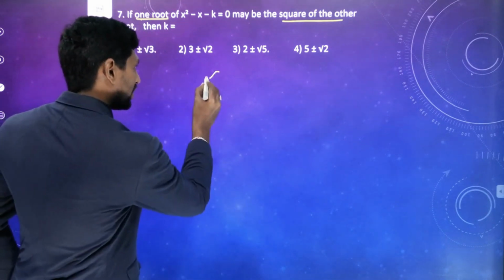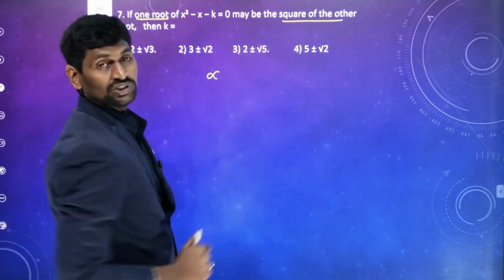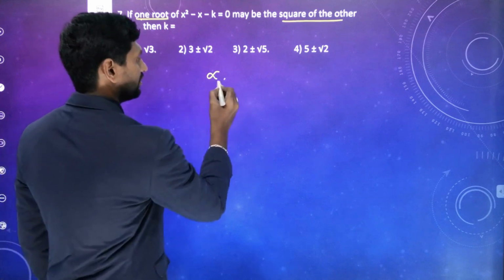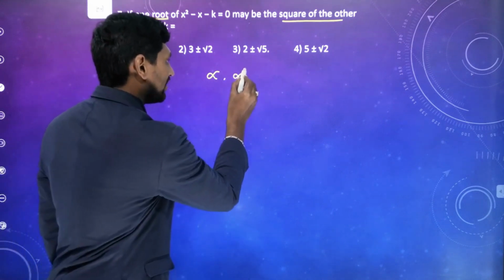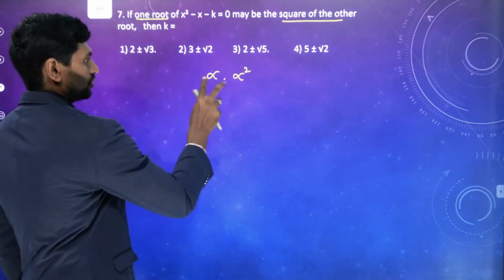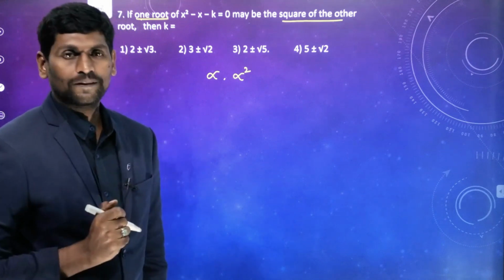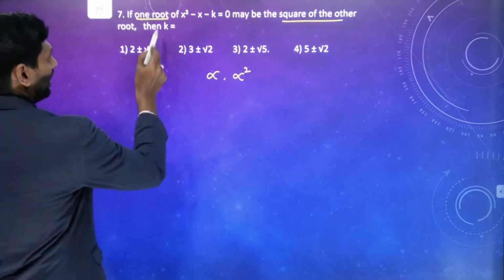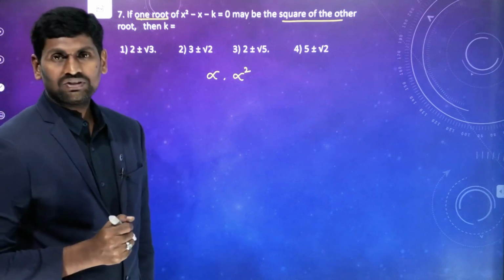So if we take one of the roots as alpha, what is the other root according to the given question? Very good. It will be alpha square. So if one of the roots is alpha, then the other root is obviously alpha square. Then we have to find the value of k.